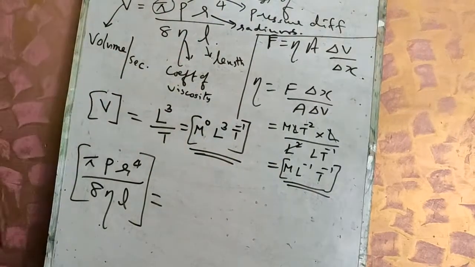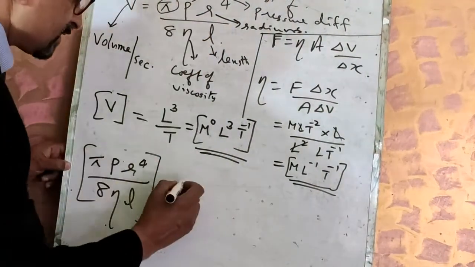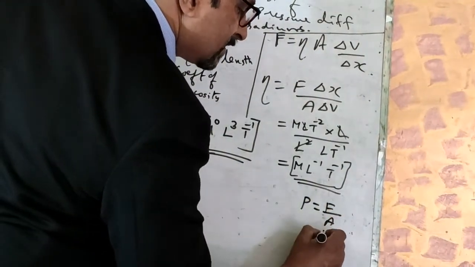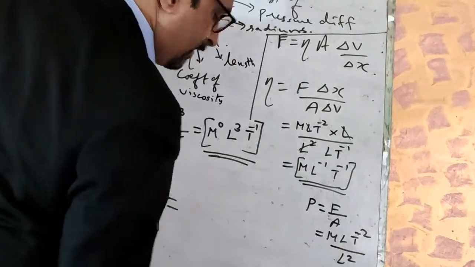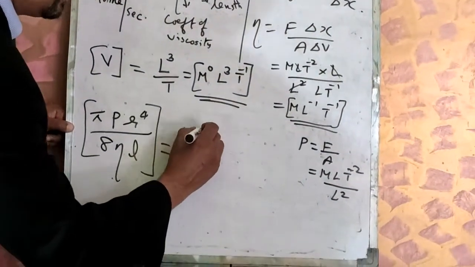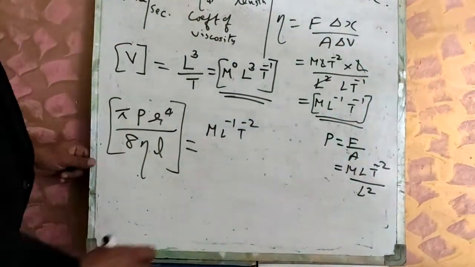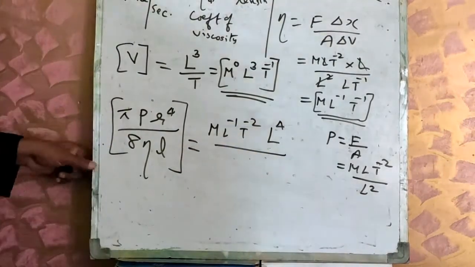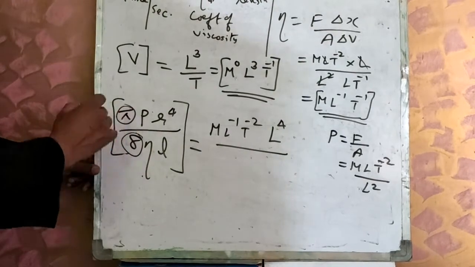Now see the right side. Here the first term is pressure. Pressure is force upon area. Force is mass into acceleration, upon area. So your pressure will be M L minus 1 T minus 2. And radius, all of you know, is a length, and radius power 4 divided by 8. There is no dimension for 8, no dimension for pi.